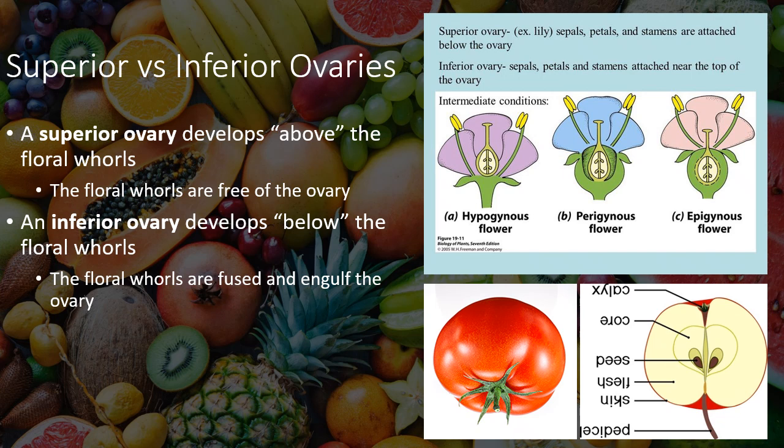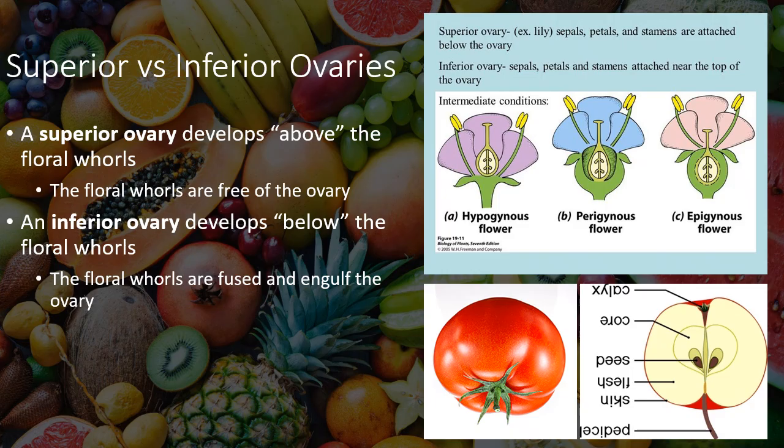In this case, because the ovary sits on top of all other floral whorls, we could describe this ovary as superior. It is on top of all of the other floral whorls. And that's the situation we see with a tomato. When you look at the tomato, the calyx or the sepals are directly attached at the pedicel.